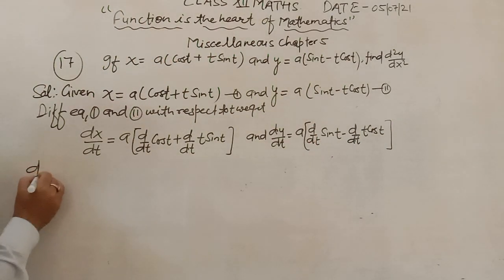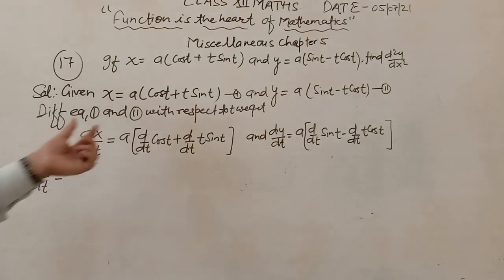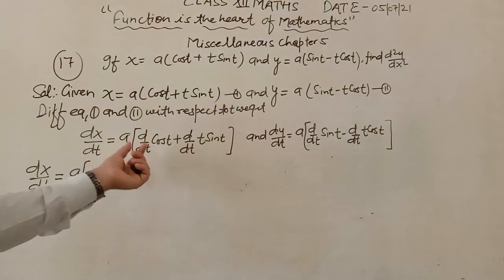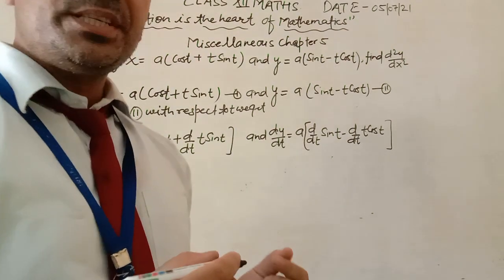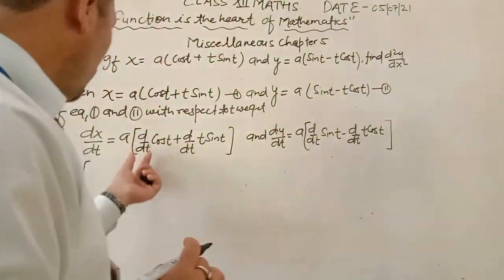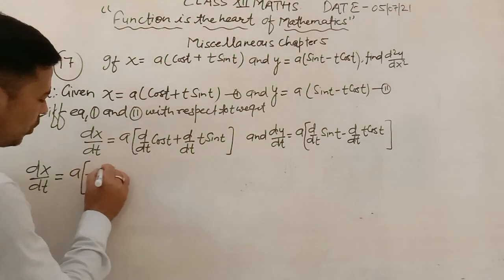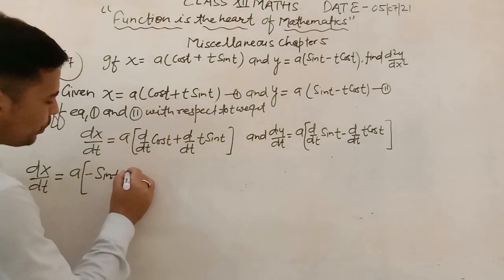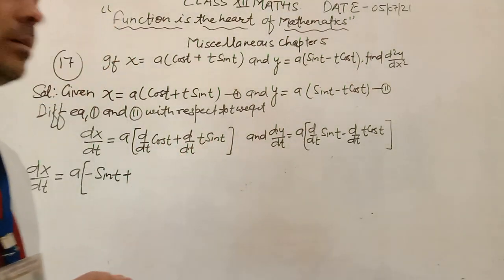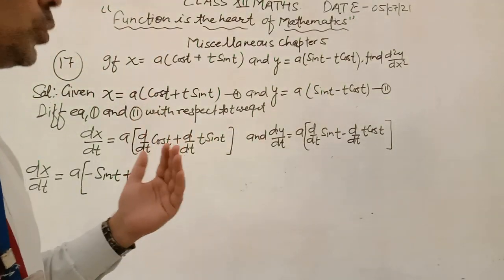Here, students, you will see that in dx upon dt, you know that d by dx of cos x gives you minus sin x. Therefore d by dt of cos t gives you minus sin t plus, the second term is the multiplication of two terms.